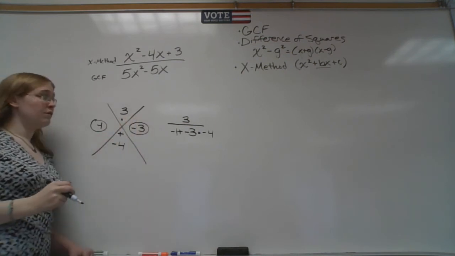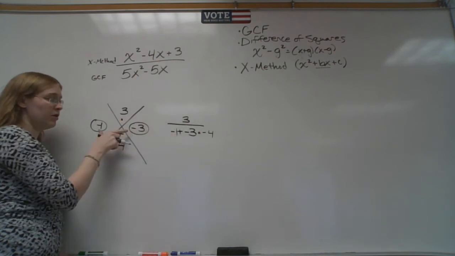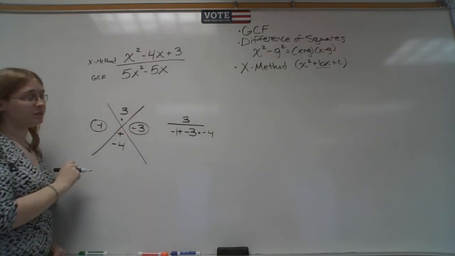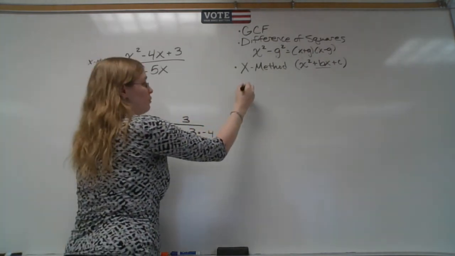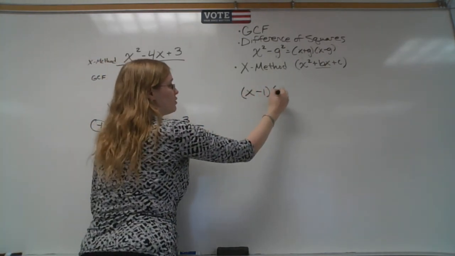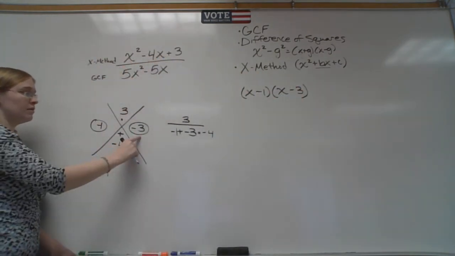So don't forget that. Negative b, positive c, both your missing numbers will be negative. So if these are our missing numbers, then when I factor, I've got x minus 1 and x minus 3 for this.